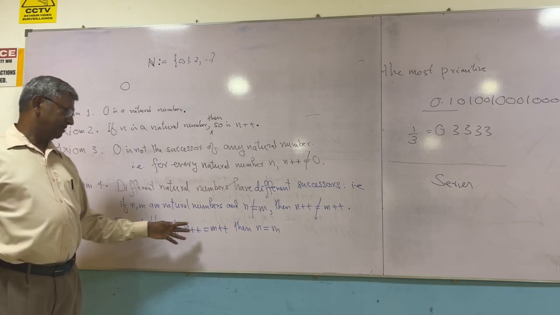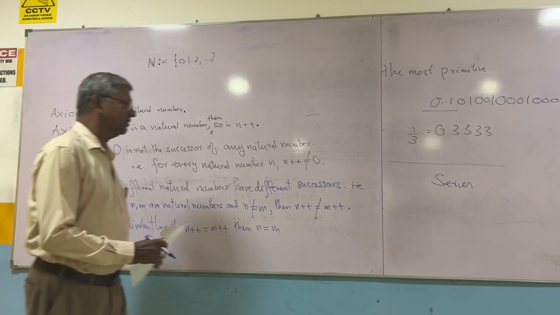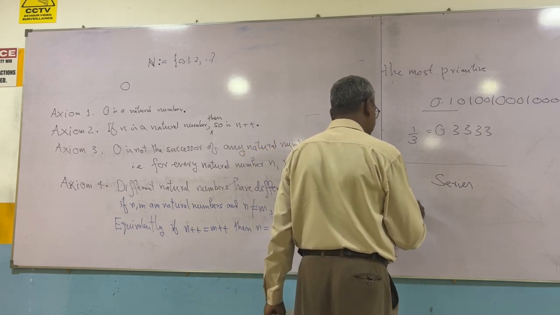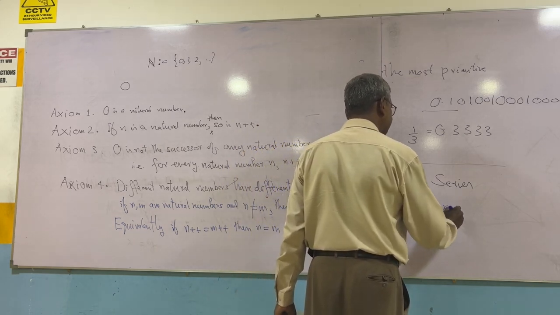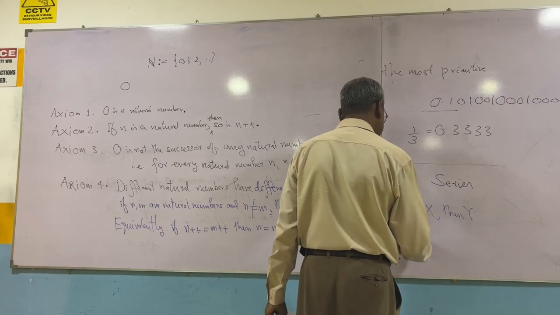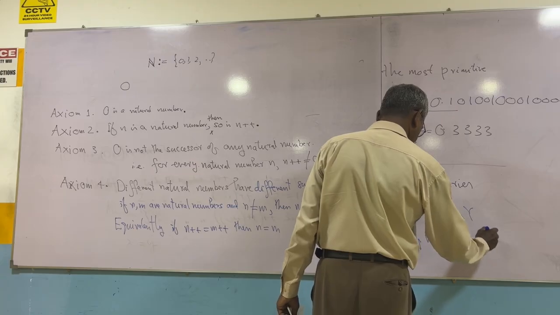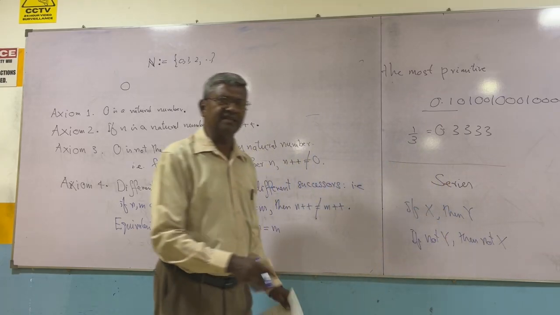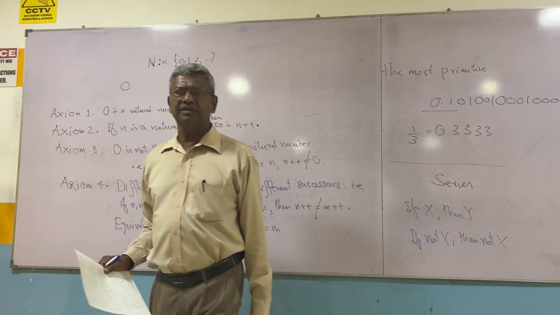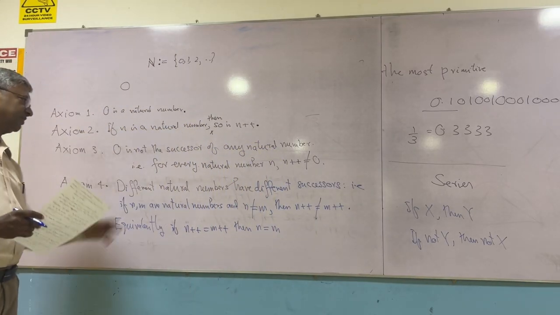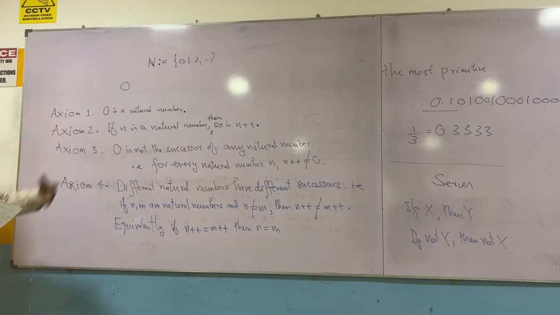If we have, if x then y, and if not y, then not x. They mean the same thing. This is called the contrapositive of the first statement. So you need to remember the contrapositive. Axiom 4, you don't have to remember, but as long as you are studying chapter 1, these are very important. After that, it may not be the case.